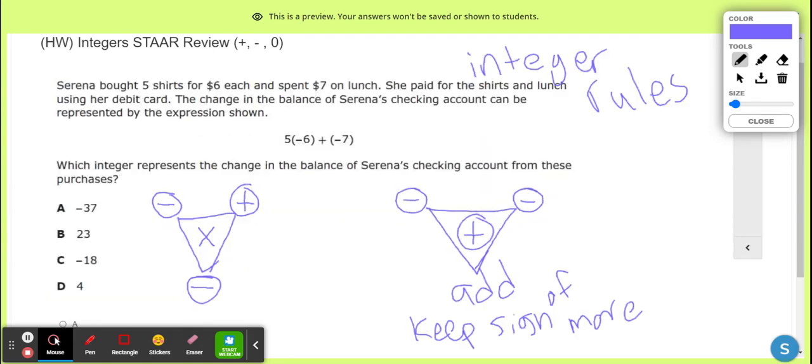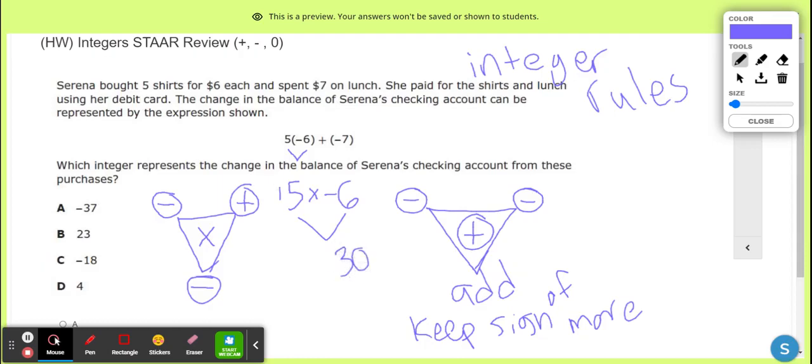Taking a look at the integer rules here, it looks like we have order of operations. So we're going to multiply: 5 times -6. 5 times 6 is 30.